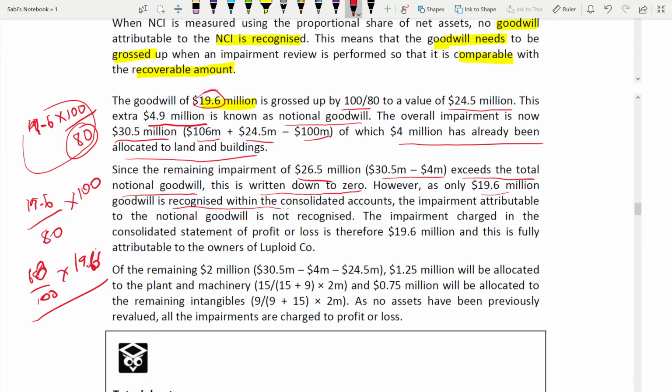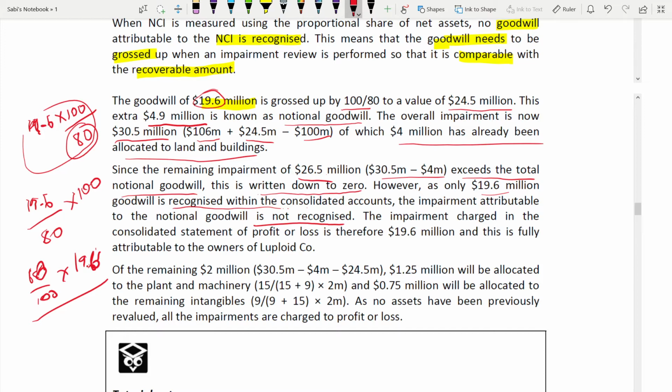Only 19.6 is recognized; that 4.9 is not recognized. This grossing up, we only grossed it up and found the new impairment, but it was not recognized in the consolidated accounts. You have to talk about it. You have to write it.